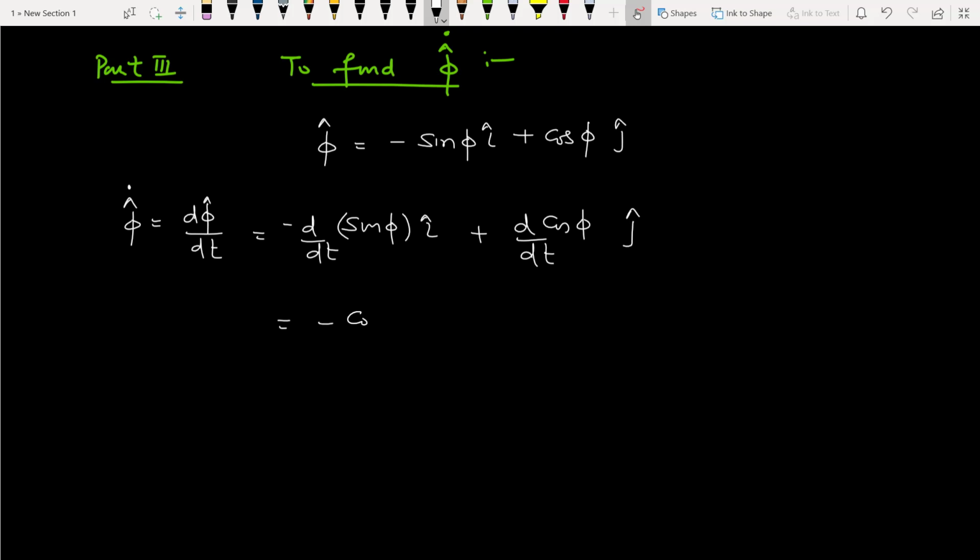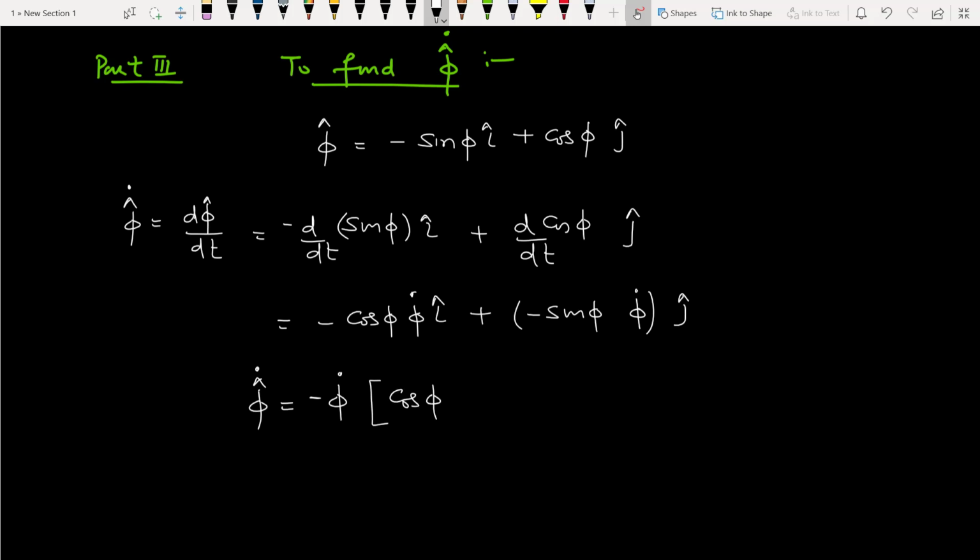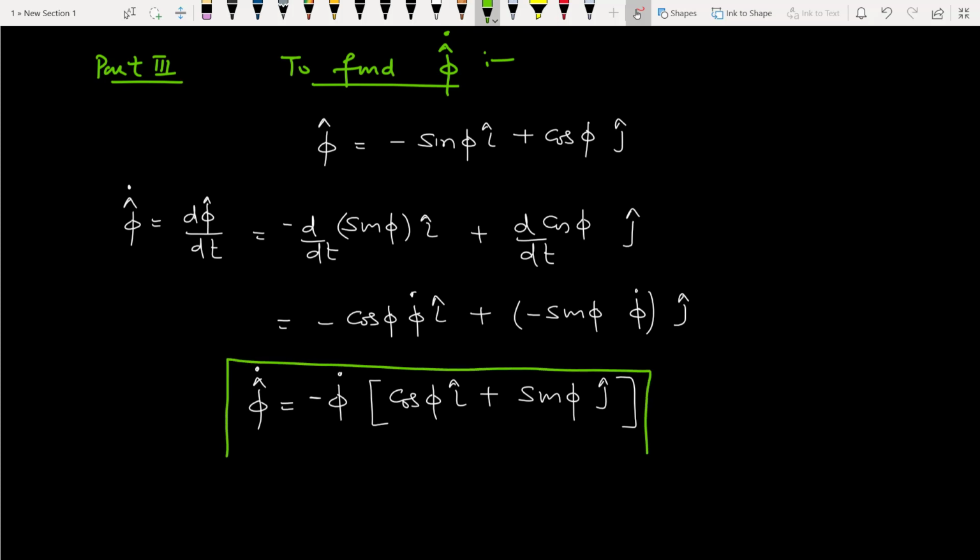So derivative of sin phi is cos phi phi dot i cap, minus sin phi phi dot j cap. These are very simple derivatives. So phi cap dot is equal to minus phi dot common, cos phi i cap plus sin phi j cap. So this is the first relation for derivative of phi cap.